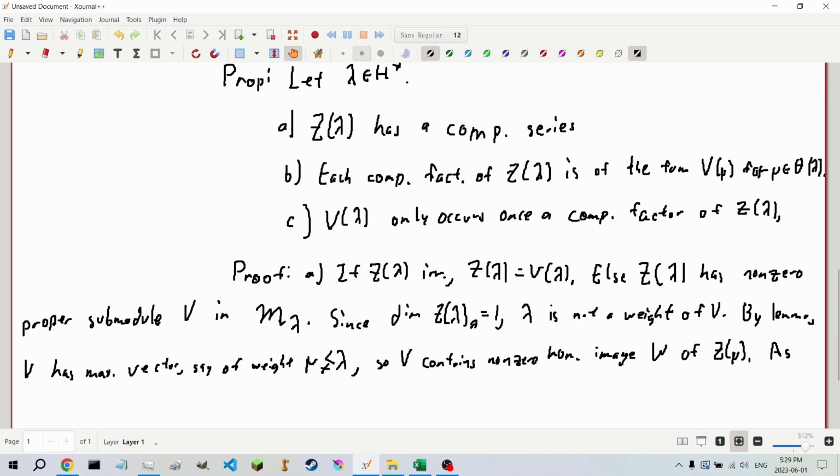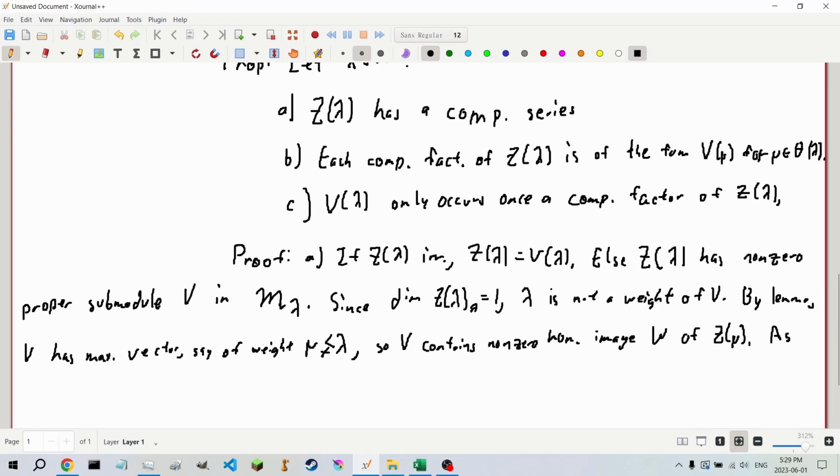In particular, their characters match up, so chi lambda is chi mu, so lambda is linked to mu. And then, by definition, mu is going to be in theta of lambda.